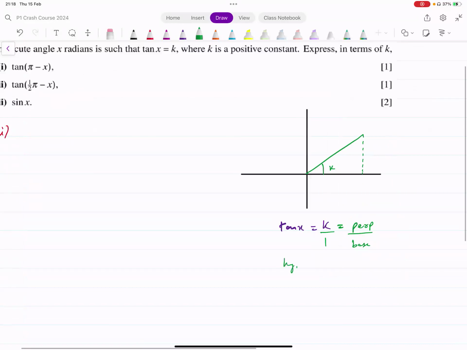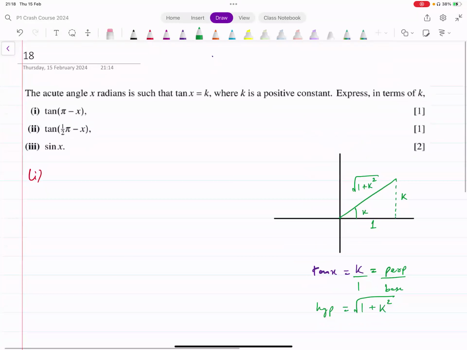We can say hypotenuse squared equals 1 squared plus k squared. Then hypotenuse would just be the square root of this. So hypotenuse equals square root of 1 plus k squared. So now we know if opposite is k, and adjacent is 1, then hypotenuse is the square root of 1 plus k squared. All right. So we have all the sides figured out.